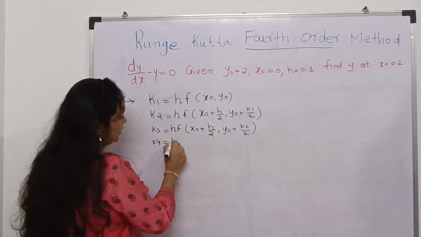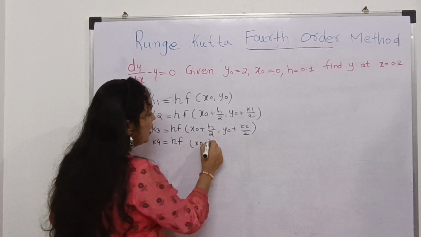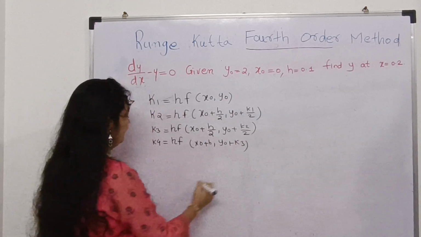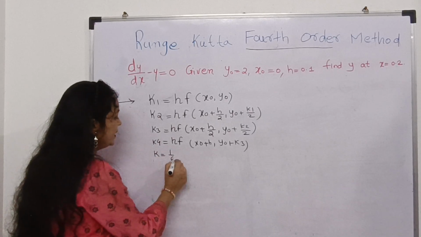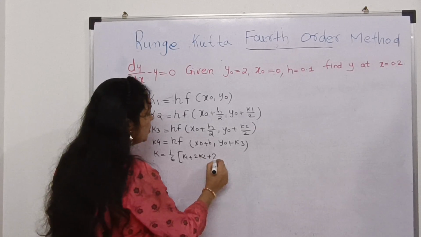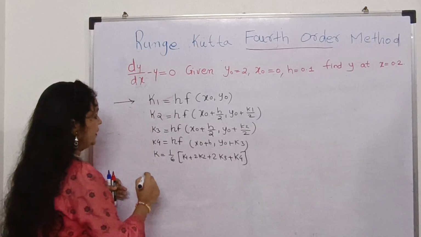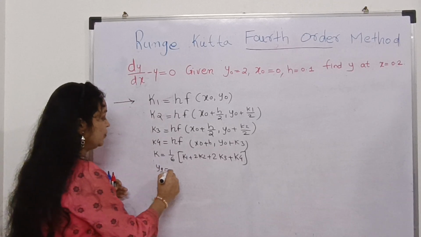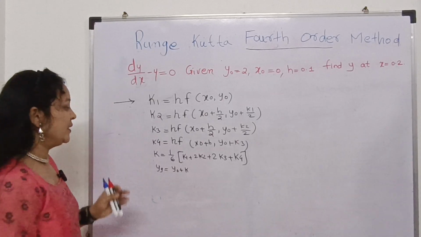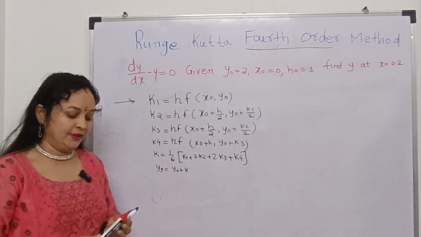K4 becomes h times the function of x0 plus h, y0 plus k3. And k is equal to 1 by 6 times k1 plus 2k2 plus 2k3 plus k4, right? And yj is calculated as y0 plus k. So this is the simplified form of the equation through the Runge-Kutta fourth order method.